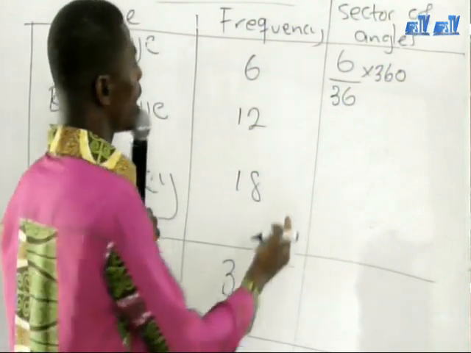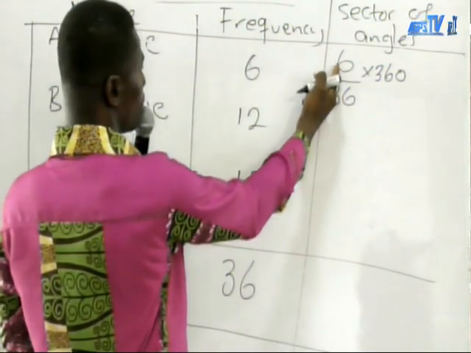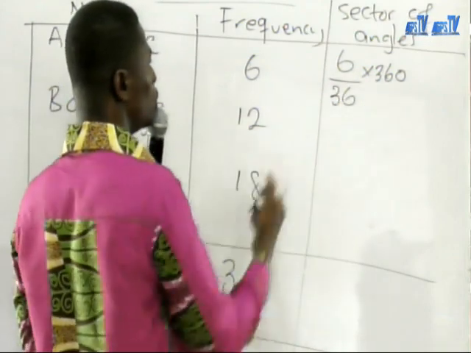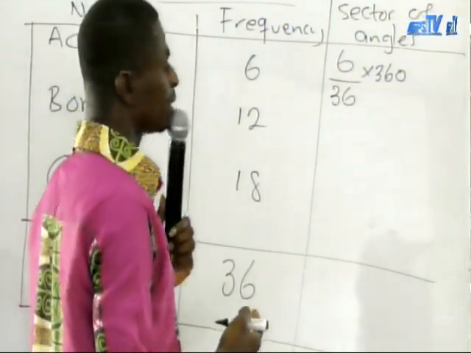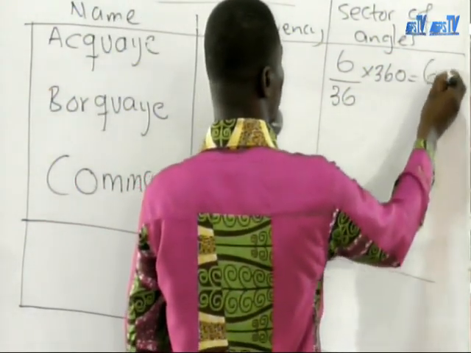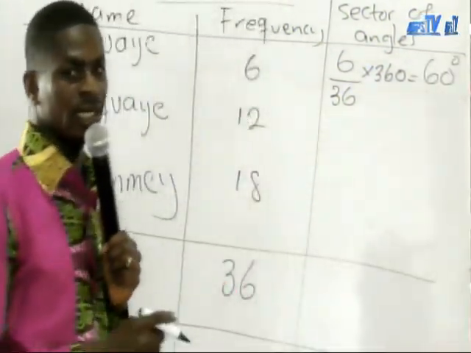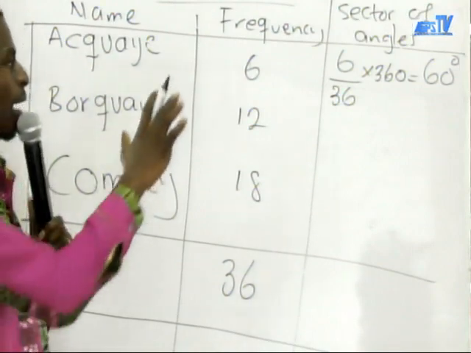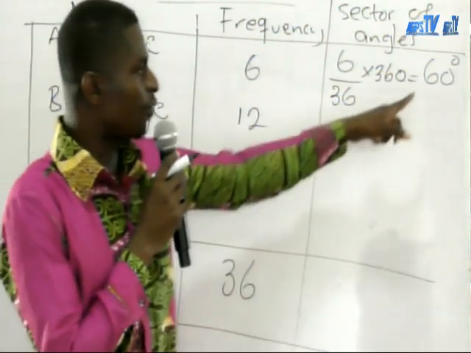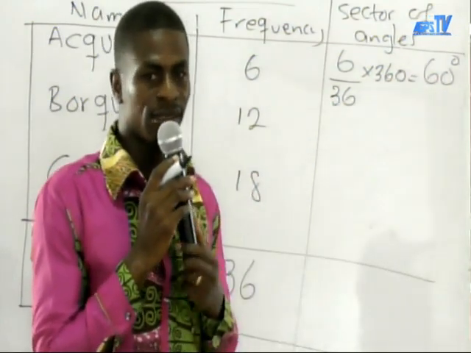And so here we have 6 going into 36, 6, and also 6 going into 360, 60. Therefore, finally, our sector of angle is 60 degrees for Akweye. And that is going to be that part. Don't forget that angles are measured in degrees, and so they should be there.